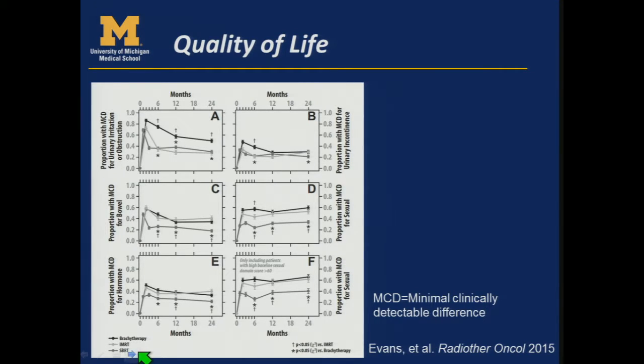And you can see that looking at the 3 different modalities, many of them are very close together. And with SBRT, which is the dark gray, sometimes it falls out a little bit better in some of the different metrics. But overall, it's pretty much right on par for all the different therapies. There was a concern with higher doses per fraction in the normal tissues nearby, especially the rectum, that quality of life might actually be worse for SBRT. So this is reassuring.